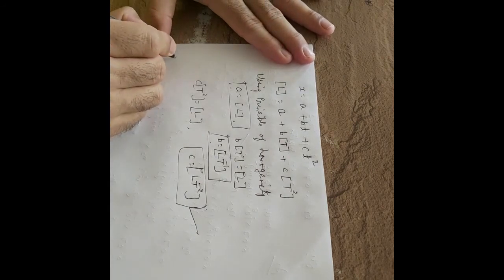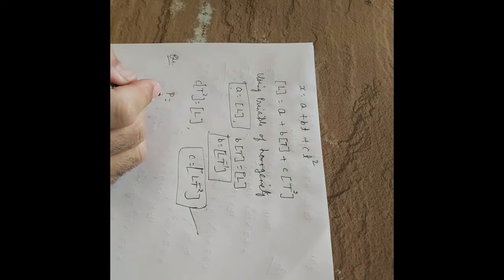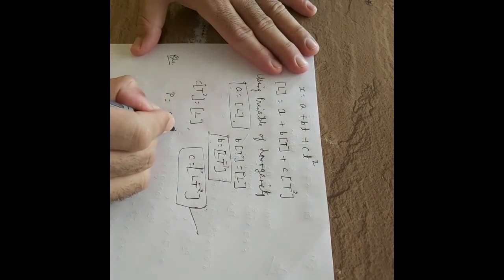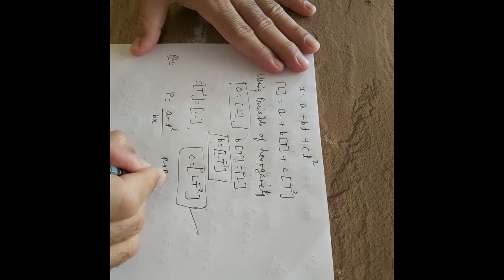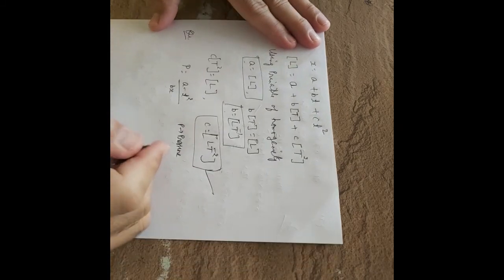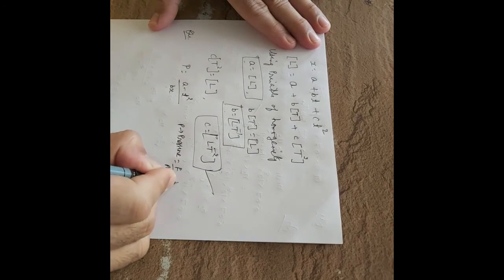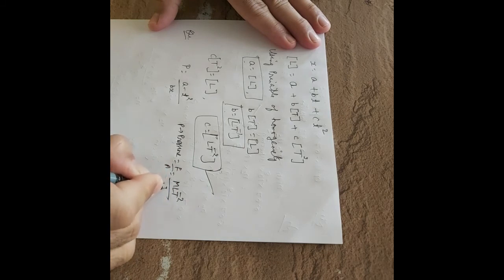What's the question? P equals A minus t square divided by Bx. What is P here? Pressure. And what is the dimension formula of pressure? Force upon area. The formula of force is MLT minus 2. Area is L square.